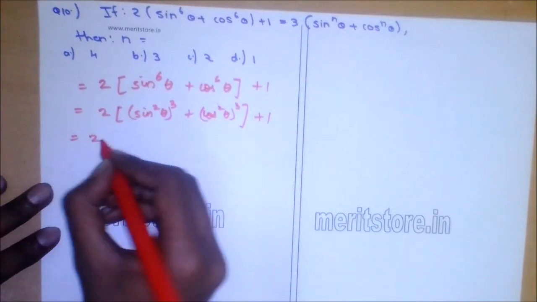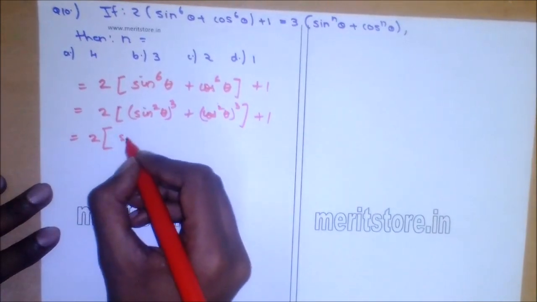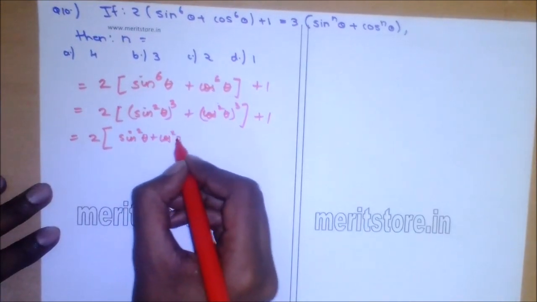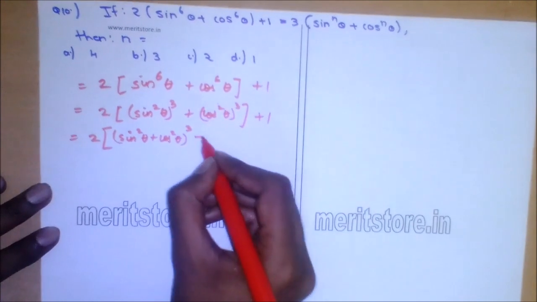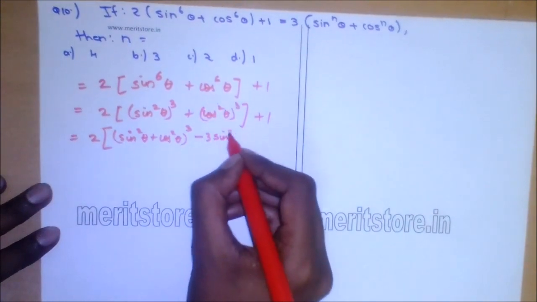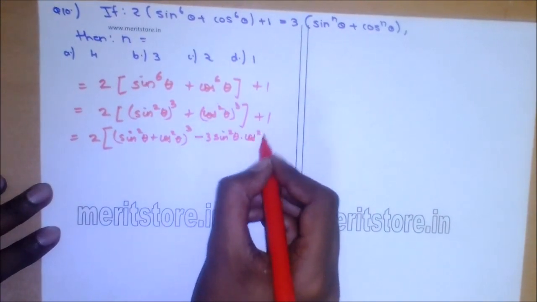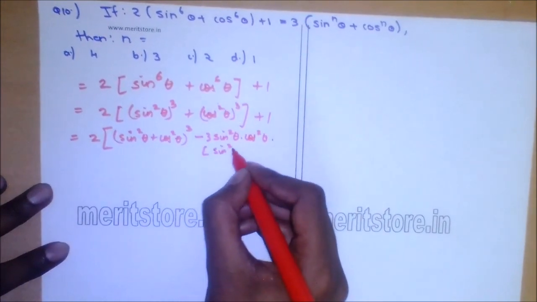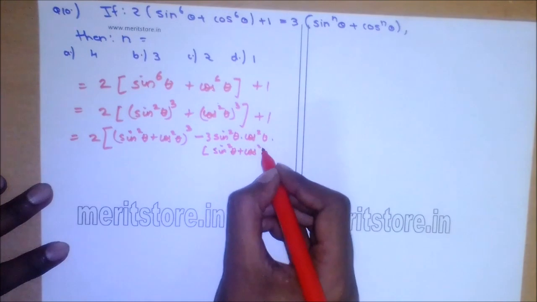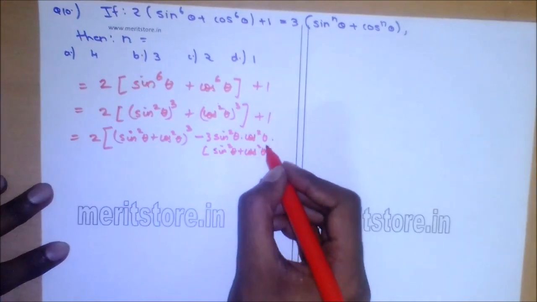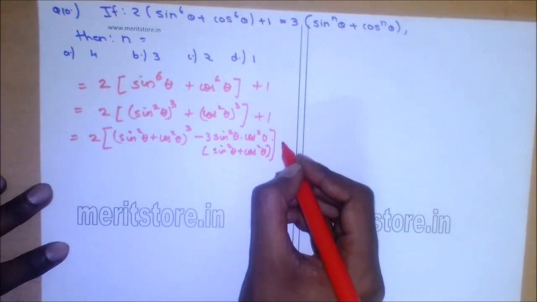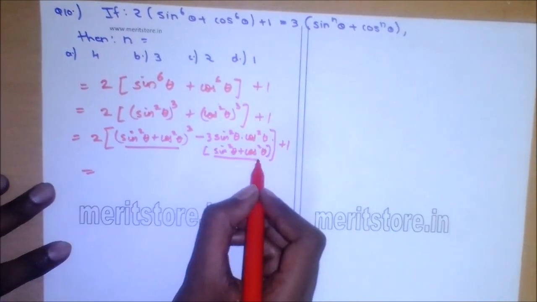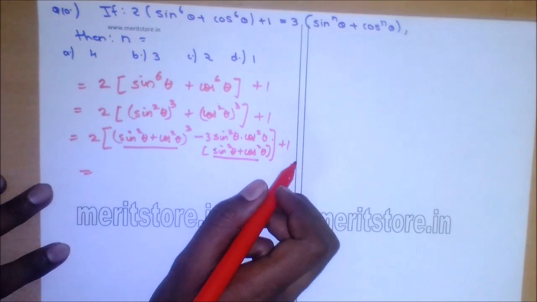So we can write this as 2 into sine square theta plus cos square theta cube minus 3 sine square theta cos square theta into sine square theta plus cos square theta, plus 1.